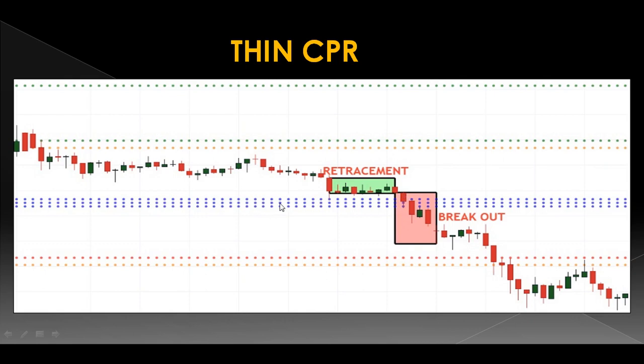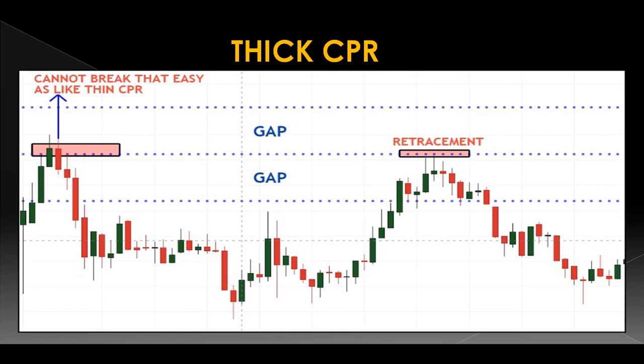We'll see thick CPR now. See here, from the central pivot, the top range and bottom range have a huge gap. Now there is a bullish trend. It broke the bottom CPR and went till the central pivot, but it could not go till the top range, and it could not break the top range.